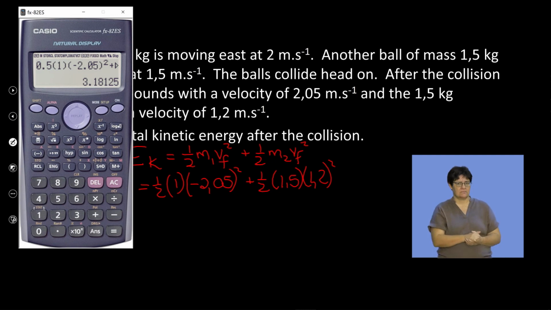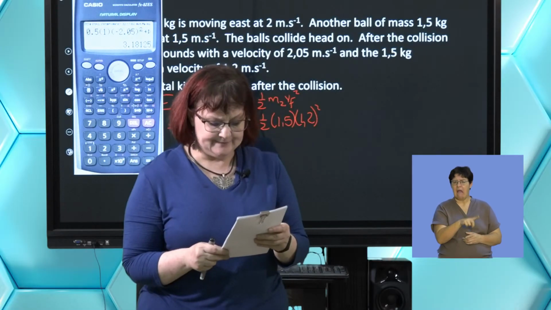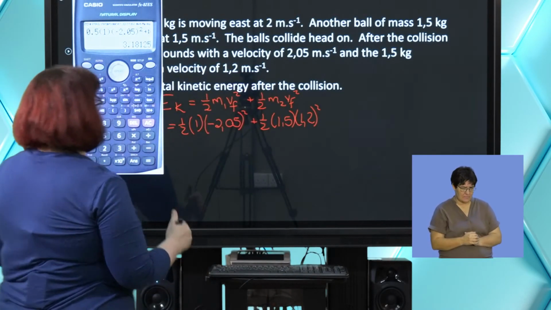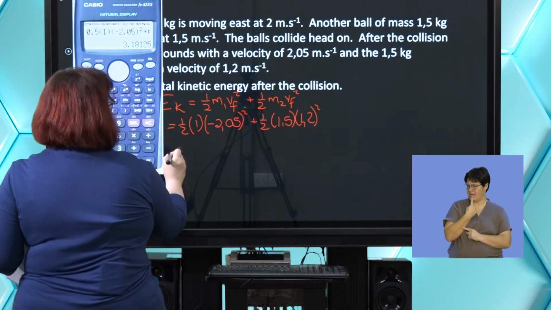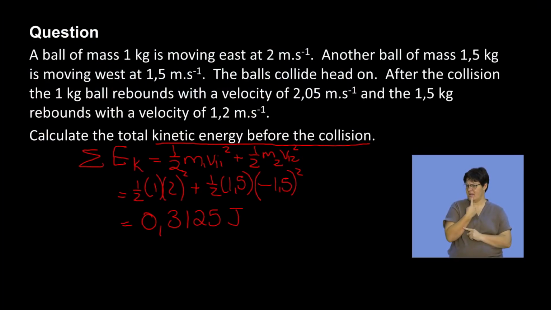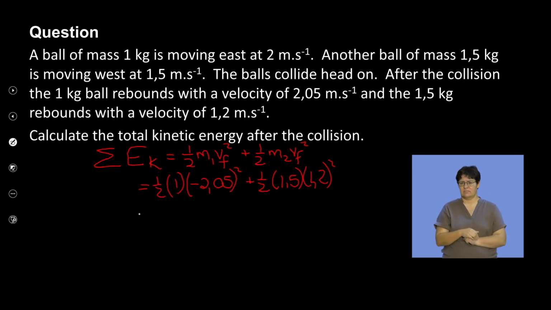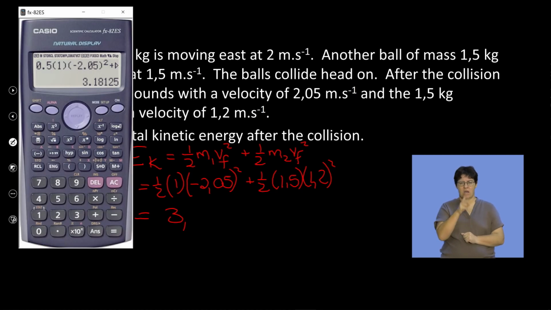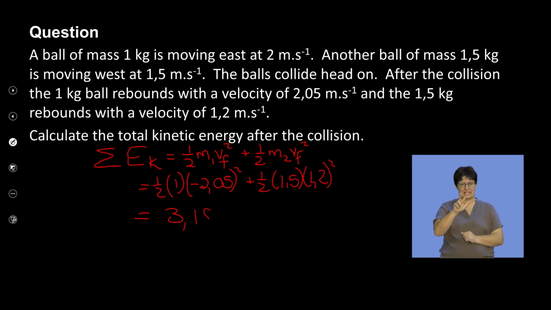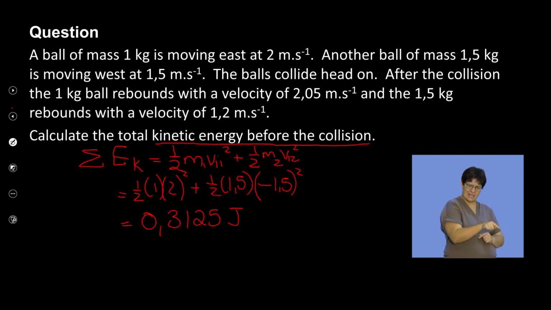We need to go look at some things again, because when I look at this, I go, first of all, now I'm going to get, and I want you to see this, okay? Oopsie, wrong way. Here, we got 3.18125. Now, that makes sense. If I go back here, I got 0.3125.